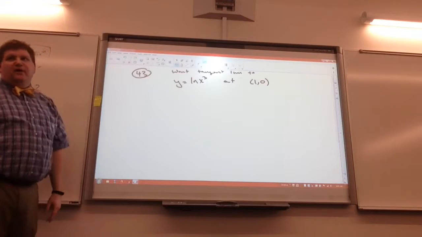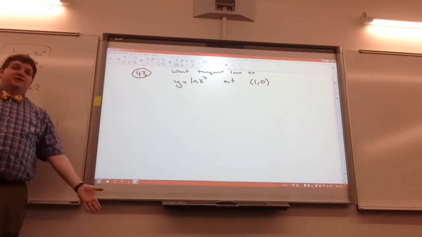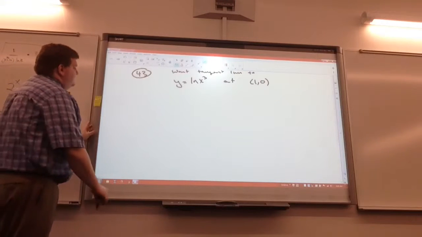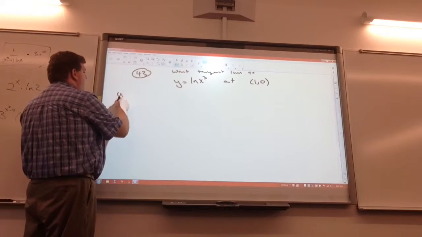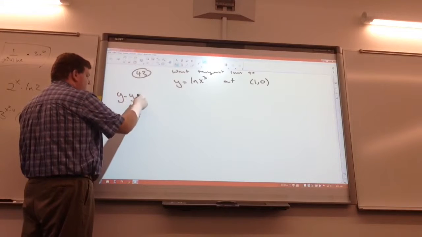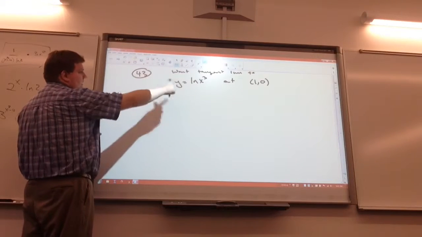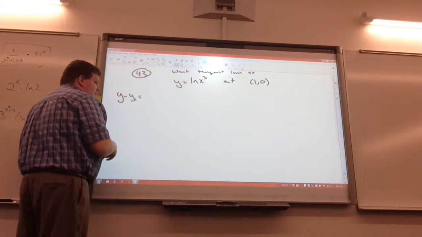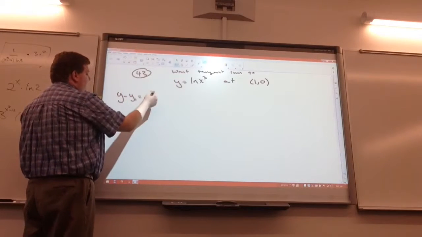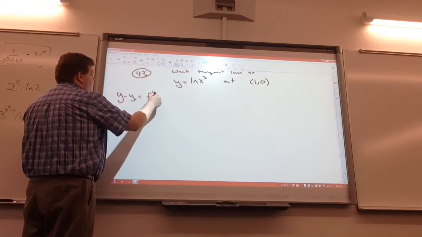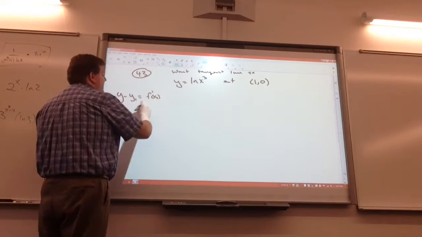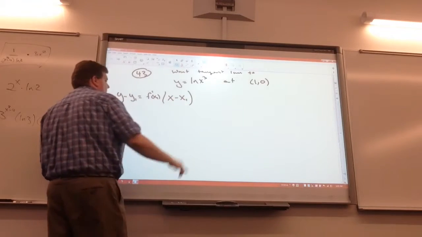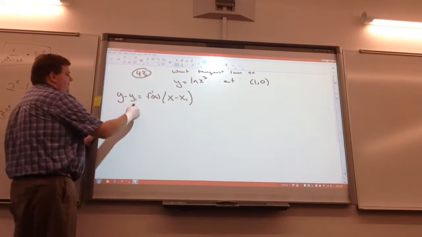Now we're looking for the tangent line. Before I do anything else, I'm going to write up the tangent line equation: y minus y sub 1 is equal to f prime of x sub 1 times x minus x sub 1.